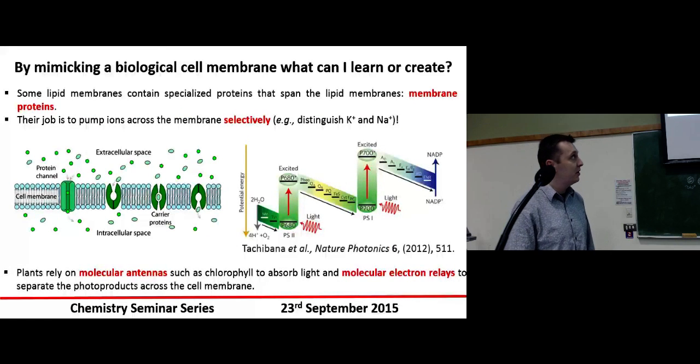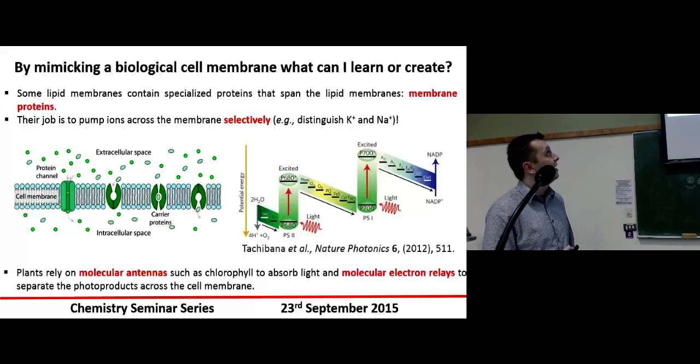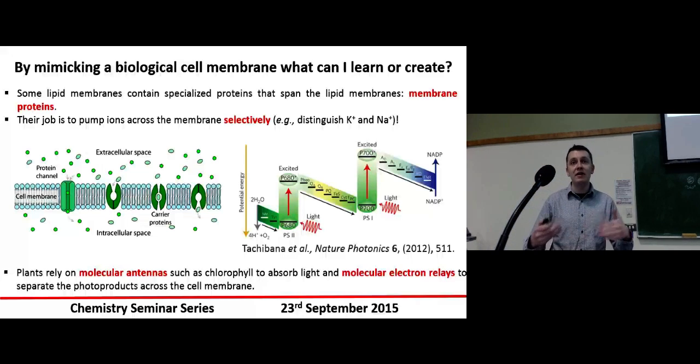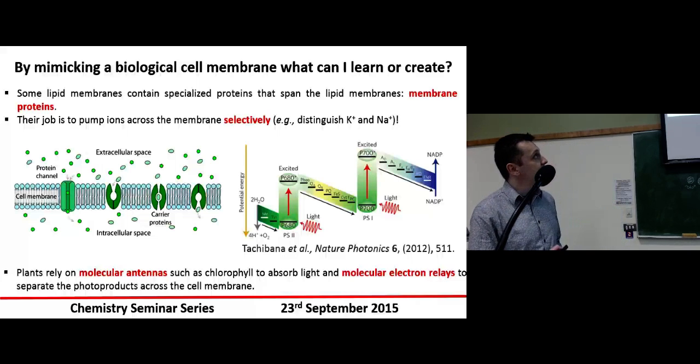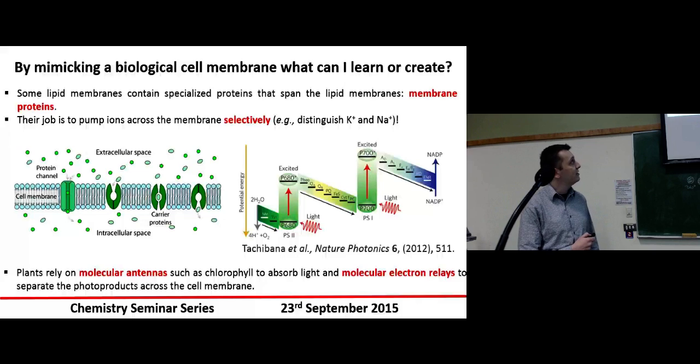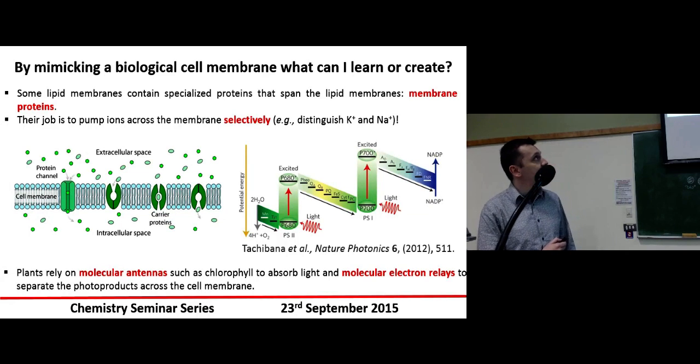So I'm going to talk about biomimetic chemistry. So biomimetic means inspired by nature. And I work at liquid-liquid, or as I call them for a lot of the talk, soft interfaces. So this is a phospholipid monolayer, and it's a membrane in cells, and it separates an intracellular space from an extracellular space.